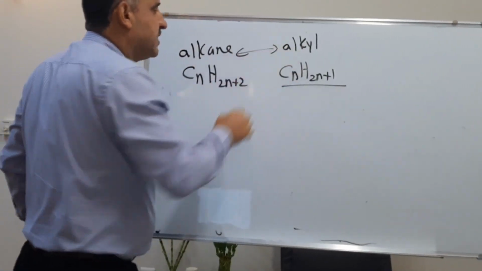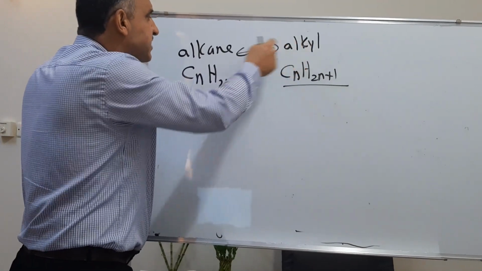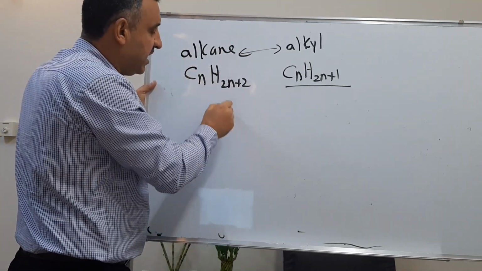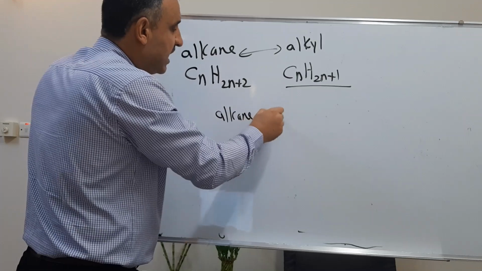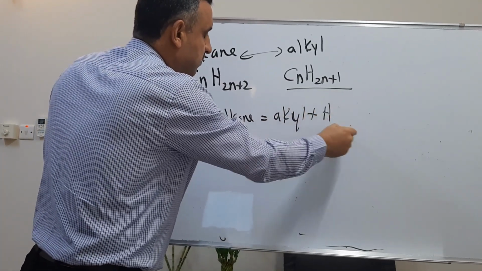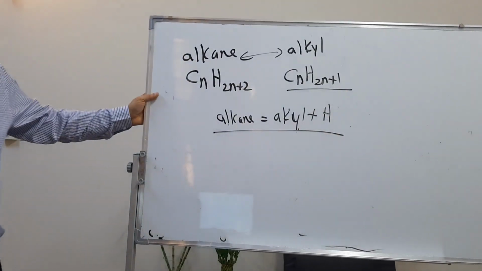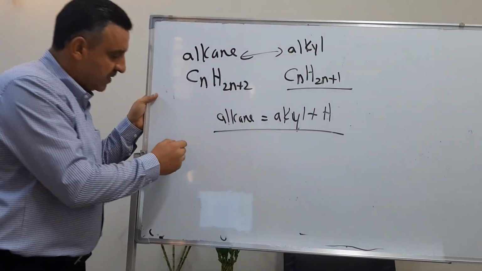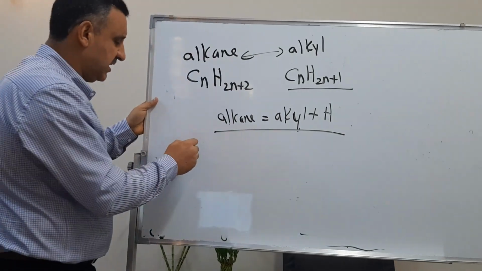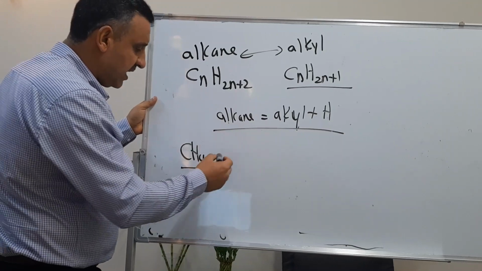The relationship between the alkane and its corresponding alkyl group is that the alkyl is missing a hydrogen from the alkane, or the alkane is simply the alkyl group plus hydrogen, or the alkyl is the alkane minus hydrogen, whichever way you would like. For example, from this table, slide number 13, CH4 we call methane, right?